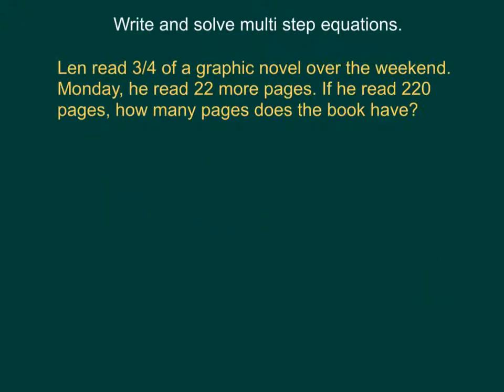So let's take a look at how to write and solve a multi-step equation. So for this example, it says Len read 3/4. So we're going to use that information. Of is usually multiplication. A graphic novel. So we're just going to say n for the novel. Over the weekend. On Monday, he read 22 more.